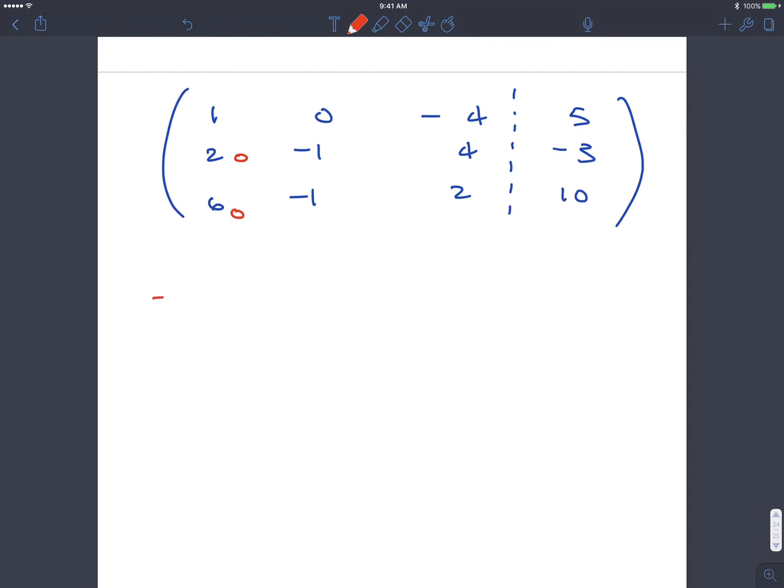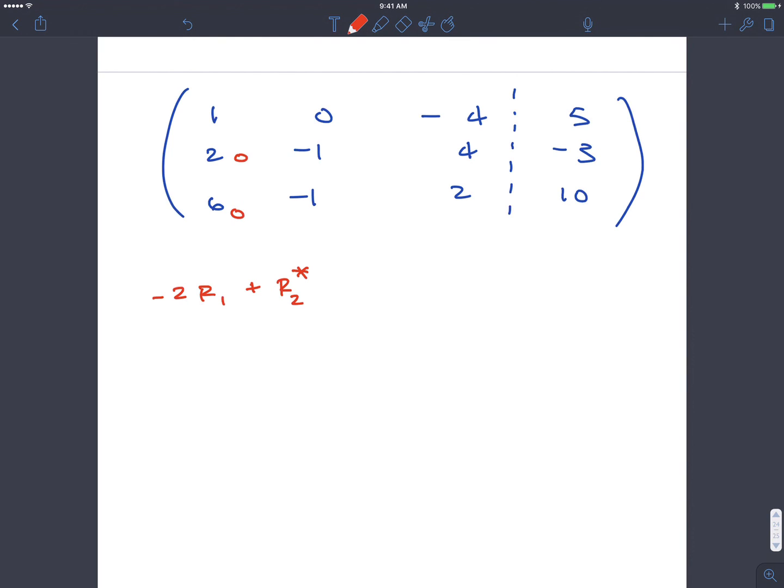So I'm going to say if I multiply -2 times row 1, and then I'm going to add it with row number 2, that's going to change row 2. Now this is a little bit new for people. This is the first time I'm going to use this. We can do this. Let's be careful about what we're doing though.